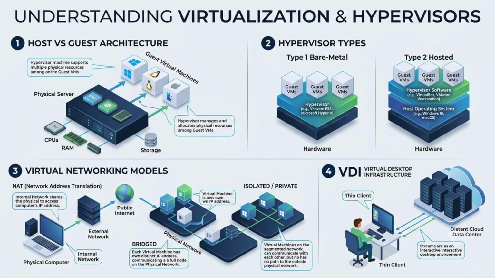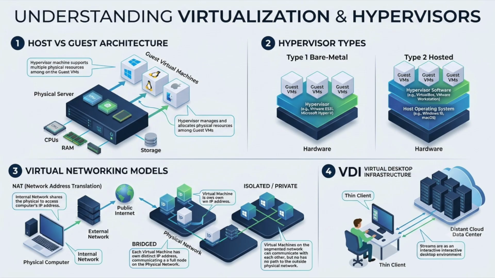Whereas a Type 2 hypervisor is known as hosted. This would be software like VMware Workstation, Oracle VirtualBox, or Parallels. Right, the consumer stuff. Yeah, this is what I would use on my own computer. I already have Mac OS installed and running. I just download the Type 2 hypervisor and install it just like I would install a video editor or a web browser.